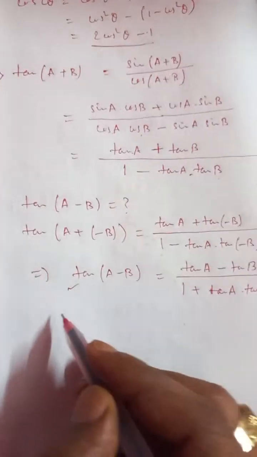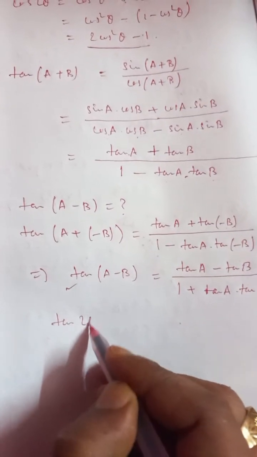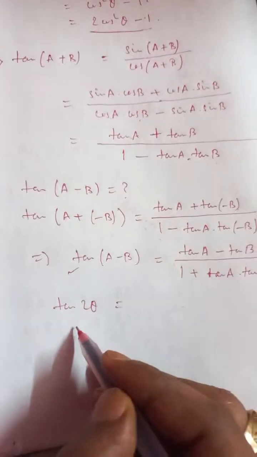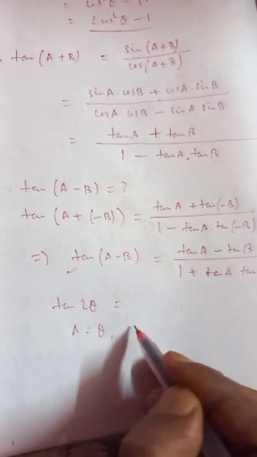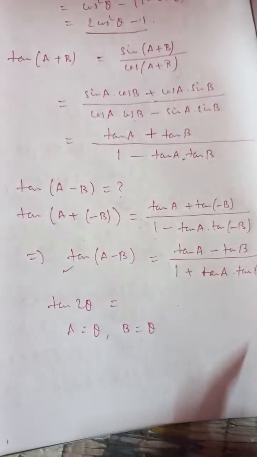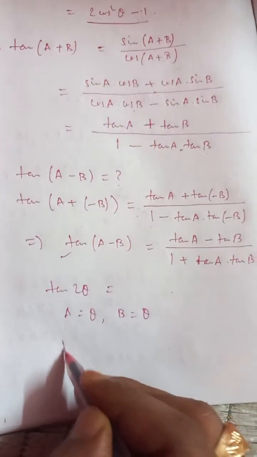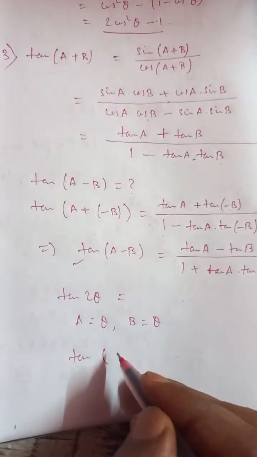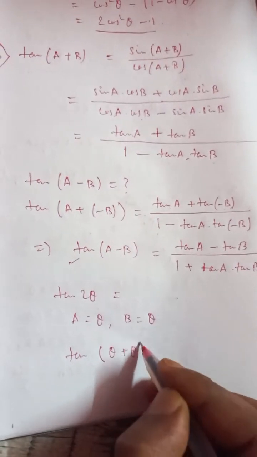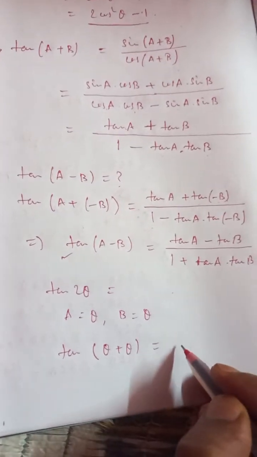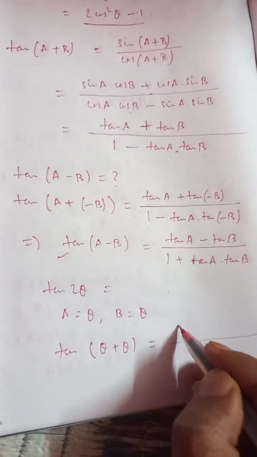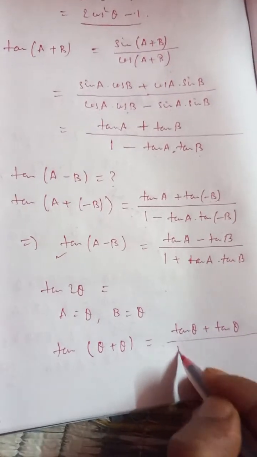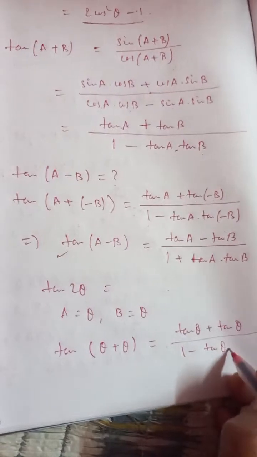Now if we wish to find out tan 2 theta, then what will its value be? So we'll put again a is equal to theta and b is equal to theta. In this third formula, we will get tan(theta plus theta), which will be tan theta plus tan theta by 1 minus tan theta multiplied by tan theta.